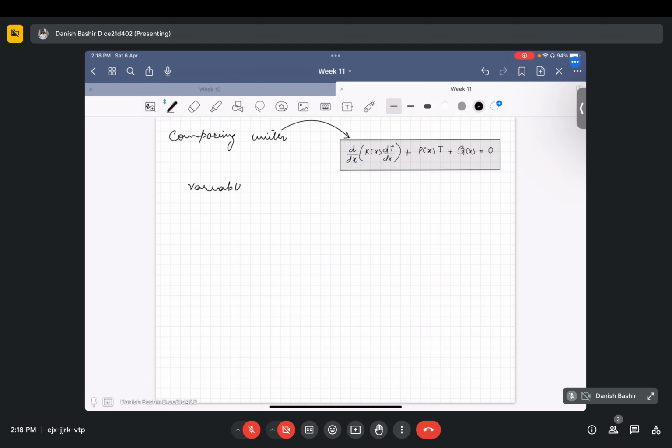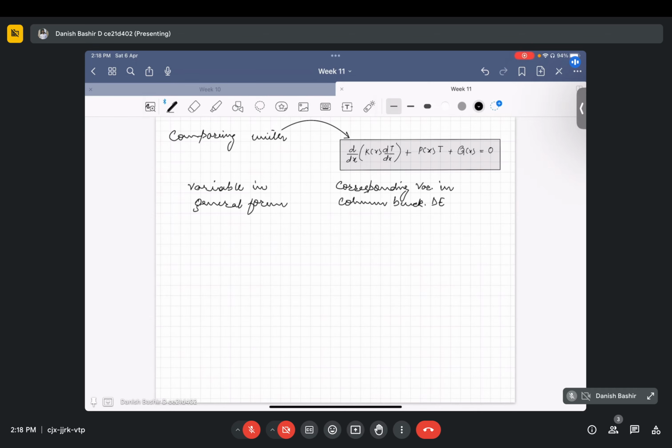What we will get: the variable in general form and the corresponding variable in the column buckling differential equation.